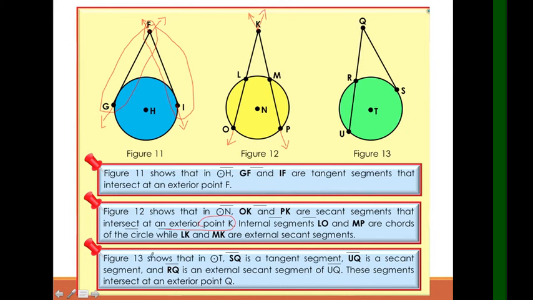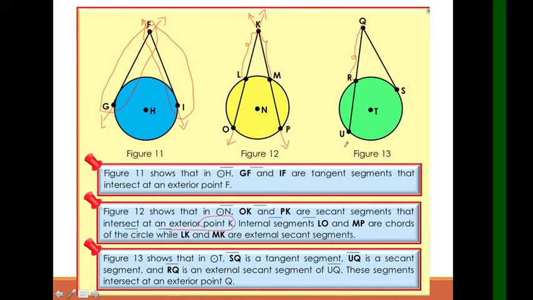In figure 13 shows that in circle T, SQ is a tangent segment, tama? While UQ is a secant segment and RQ is the external secant segment of UQ. External secant segment ang tawag dito. Parang katulad siya ng MK at saka ng KL. External secant segment of UQ or line UQ.